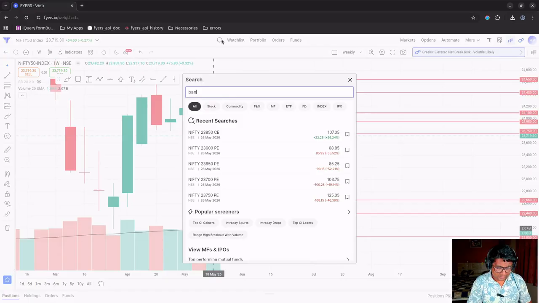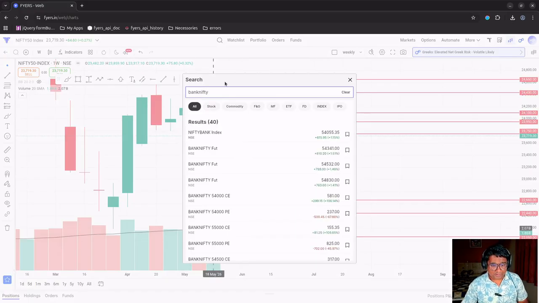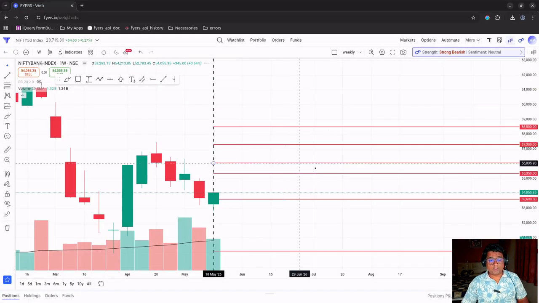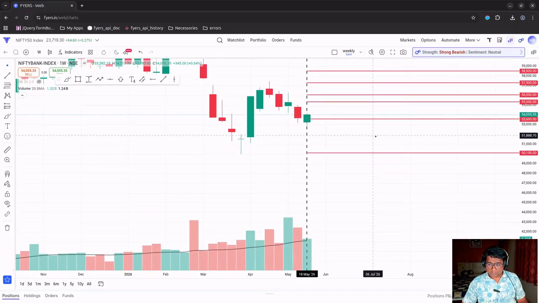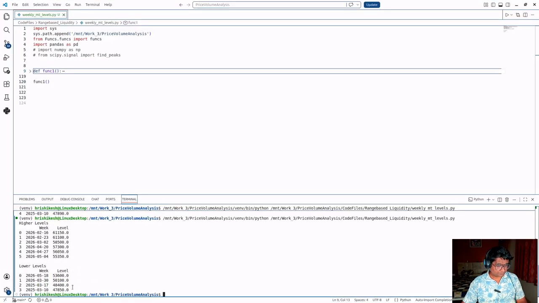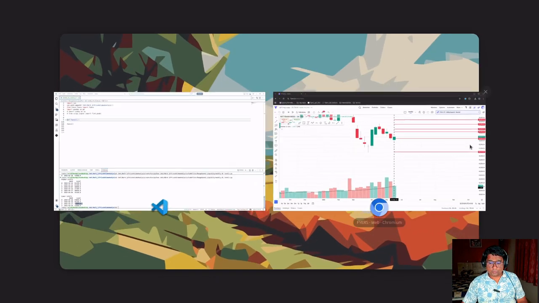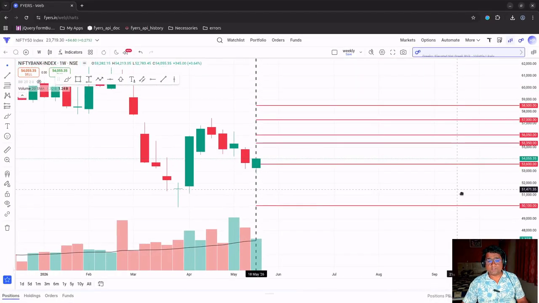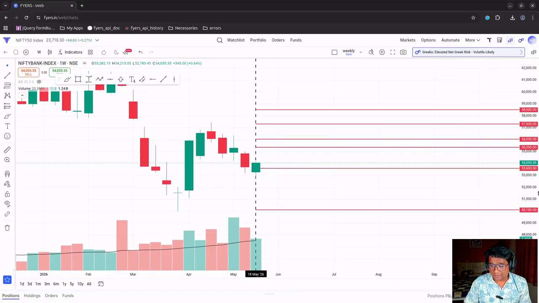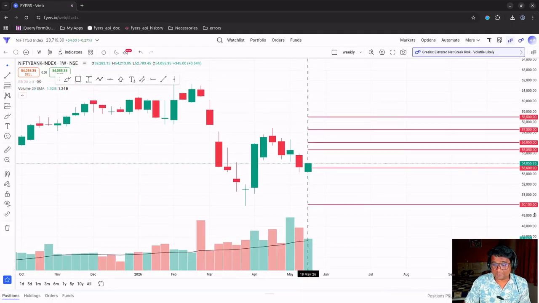So let's get back to Bank Nifty again. These are the levels. Okay, 51,000, 50,100, and then 48,400. That is too low, so we will stop right here. These weekly levels are enough for next week.